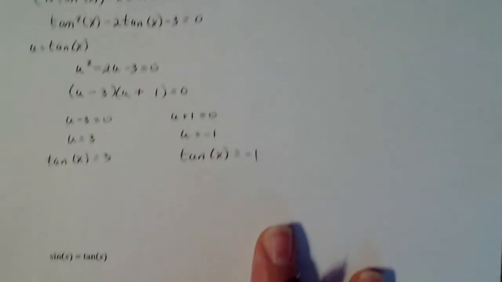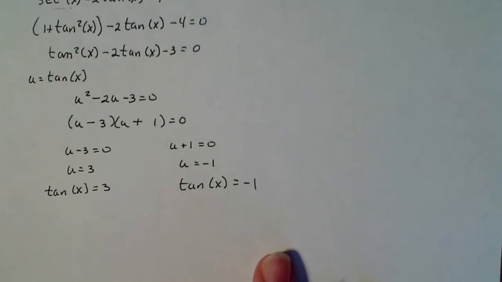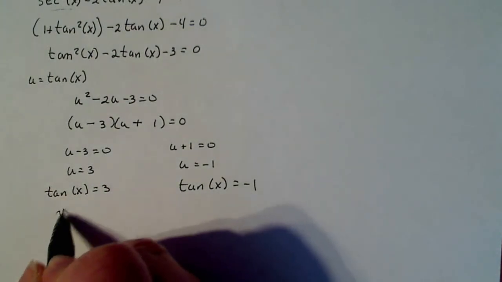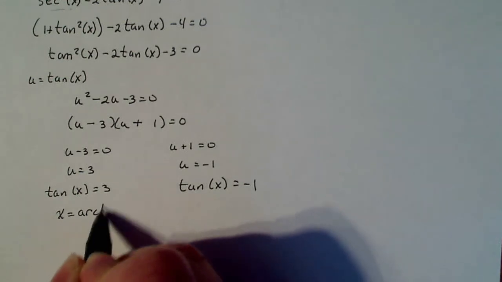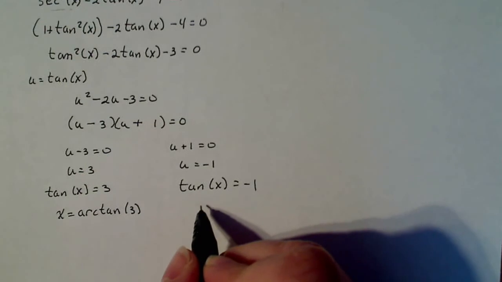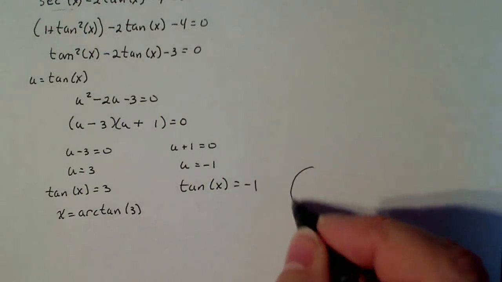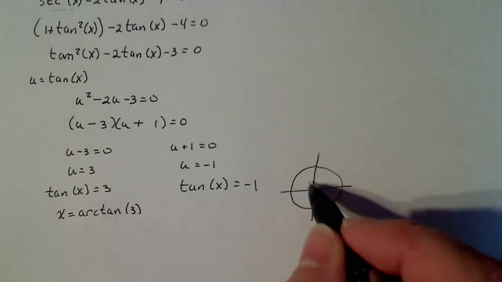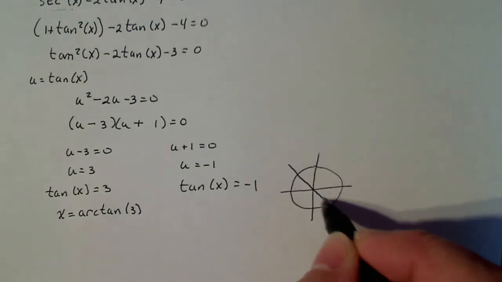Now, tangent of x equaling 3, that's not standard. So we're just going to use arctan here. x equals arctan, or tangent inverse, of 3. And over here, I know that if I look at my circle, the slope of minus 1 is right down here.